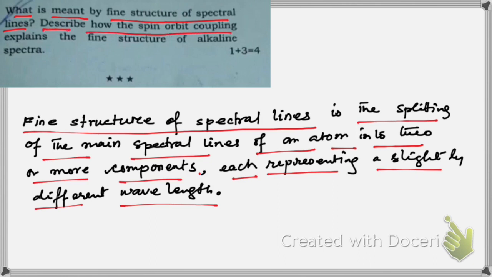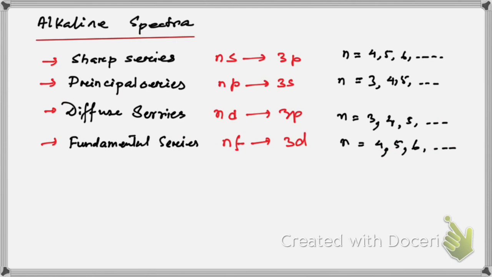Describe how spin orbit coupling explains the fine structure of alkali spectra. So let's discuss. In alkali spectra, we get 4 series: sharp series, principal series, diffuse series, and fundamental series, right? In the sharp series, the transition takes place from ns to 3p.